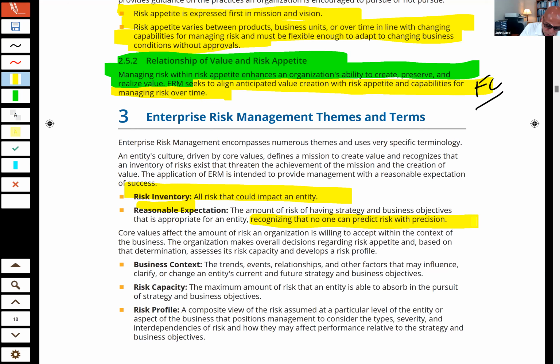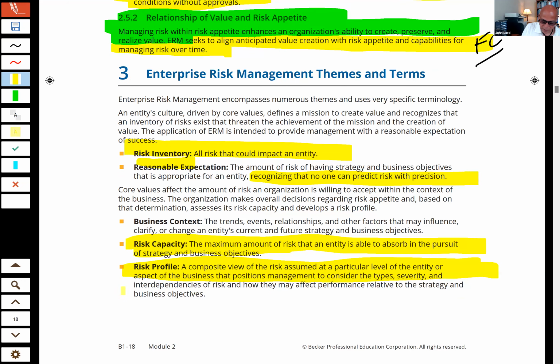Okay, now our risk capacity, the maximum risk an entity is able to absorb in the pursuit of strategy and business objectives. Risk profile is a composite view of risk assumed at a particular level of the entity or aspect of the business that positions management to consider the type, severity, and interdependence of the risk that may affect the performance relative to the strategy.